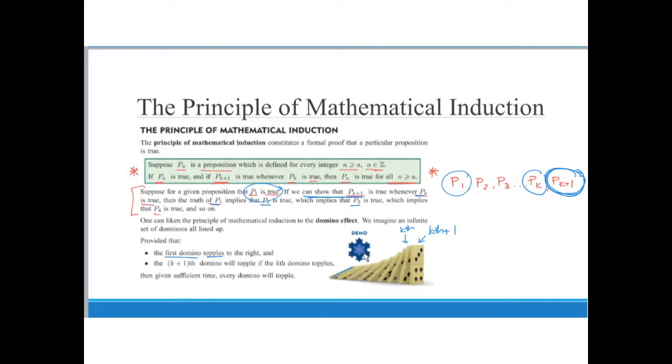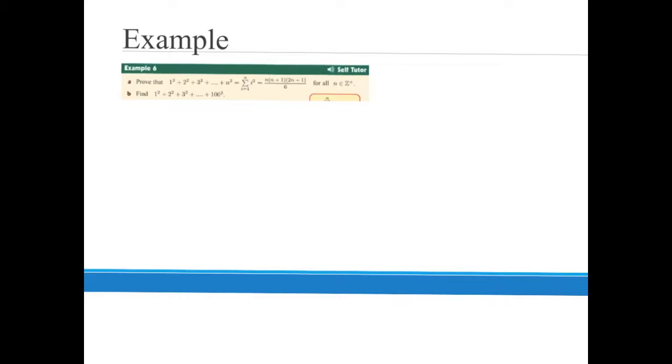Then given sufficient time, every domino will topple, because if this first one topples and then the kth, and then the kth plus 1 topples, that means all of these in the middle here also topple, which is essentially the idea of induction. Now if you're still confused by that, let's have a look at an example. Alrighty, so here's our first example.